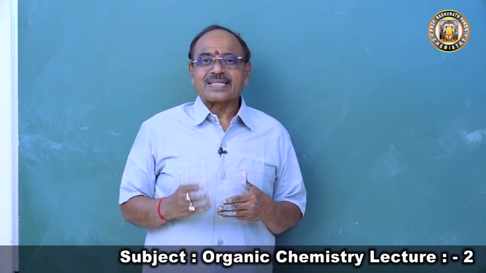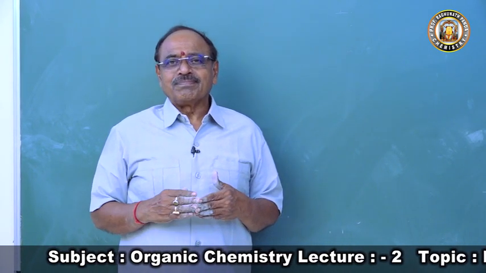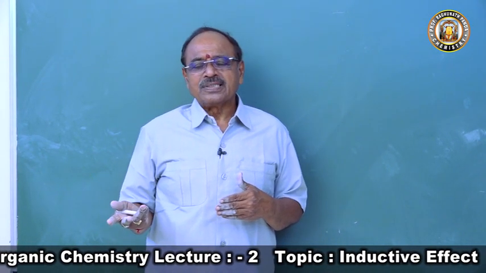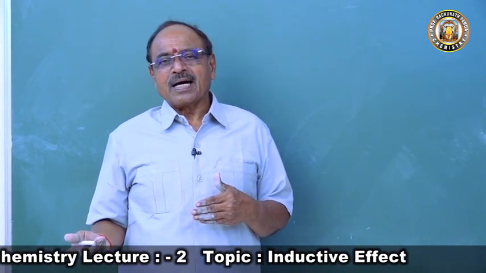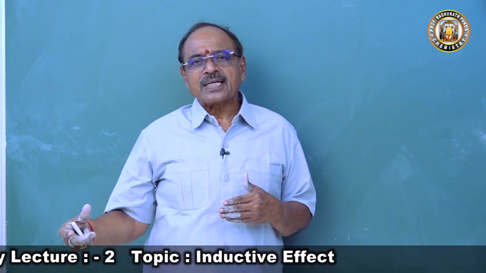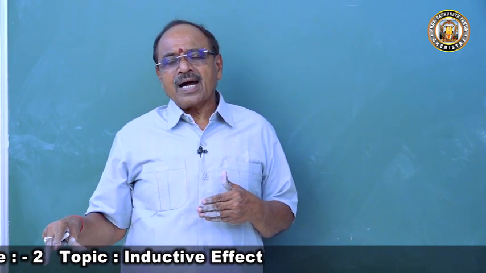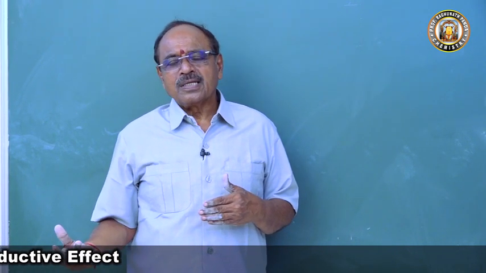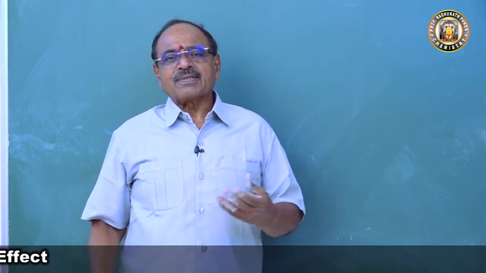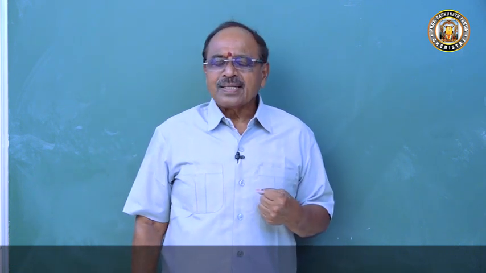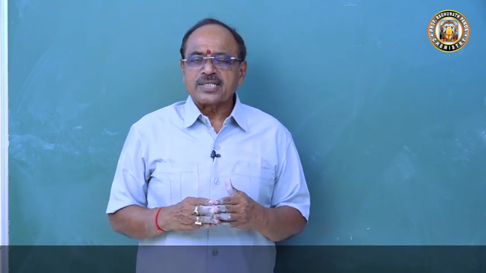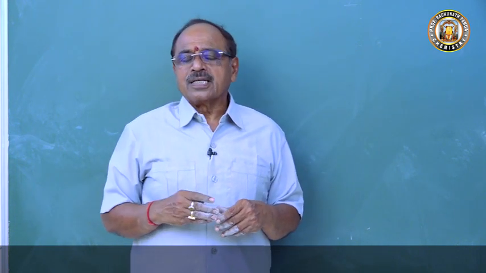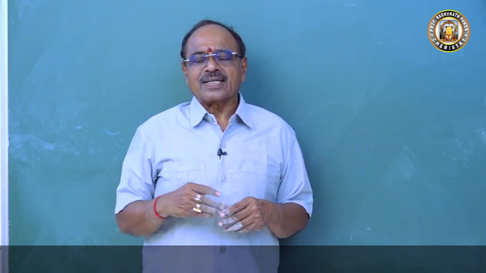But when the carbon atom is bonded to an atom of higher electronegativity, it means we remove the hydrogen atom and put in another atom or a group of atoms or a functional group which is more electronegative than the carbon, then the electron cloud constituting the covalent bond gets permanently polarized towards the atom of higher electronegativity.